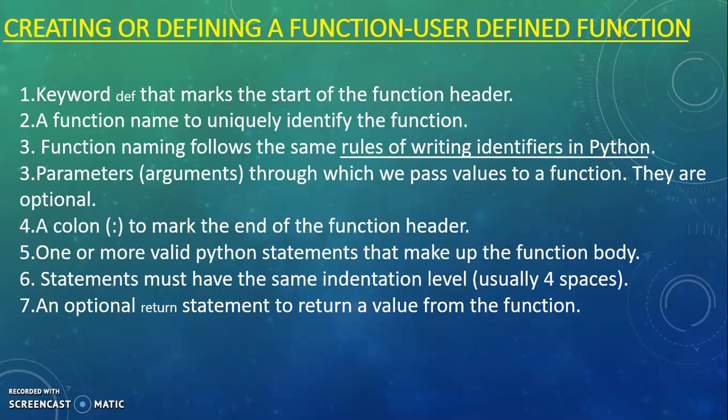So if you are creating a function to find the area of a rectangle, then it will take 2 values, length and breadth, multiply them, store the result in a variable, and that variable which is storing the result of the multiplication of the length and breadth will be displayed. These are the statements which make up the body of the function, and each statement in the body of the function must have some indentation.